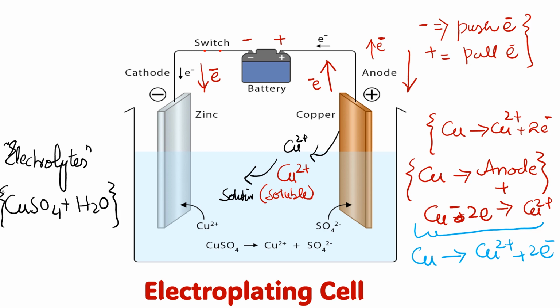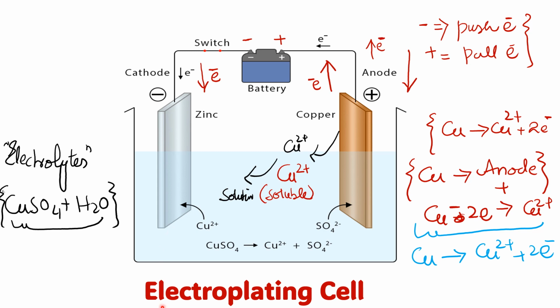But here we are electroplating copper on the surface of zinc, so we will use copper sulfate solution. So this copper ion will go toward the copper sulfate solution, and will become a part of it because copper is converted into an ionic form.